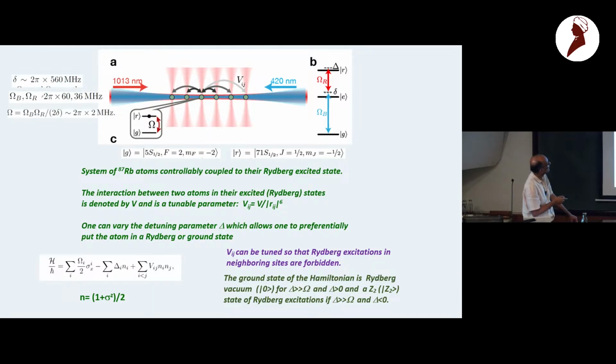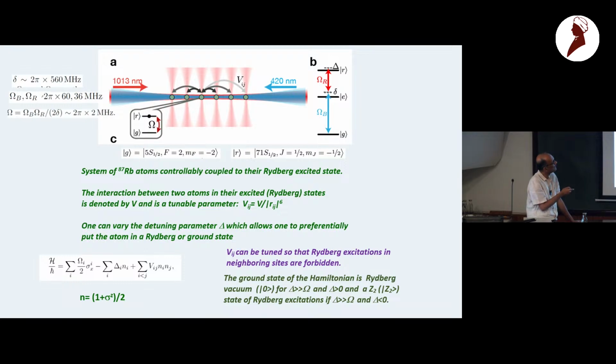So essentially, what happens is that you can couple this ground state to a Rydberg state by a collection of lasers, and you don't exactly match the energy difference of these atoms by these lasers because you don't really want it to absorb all the energy.